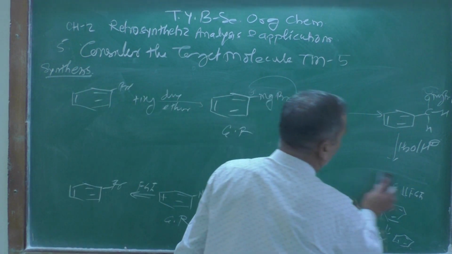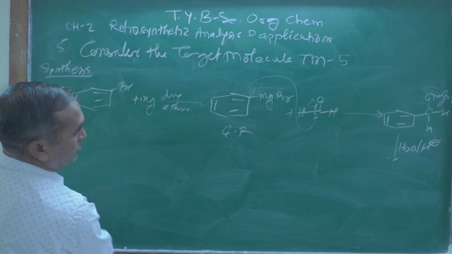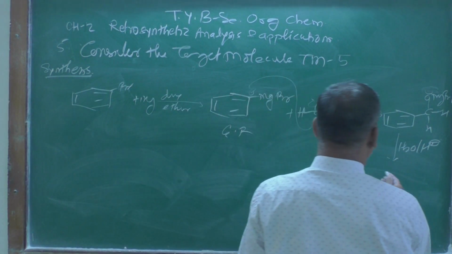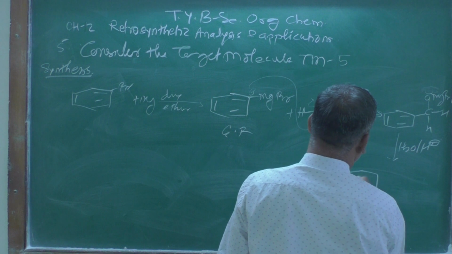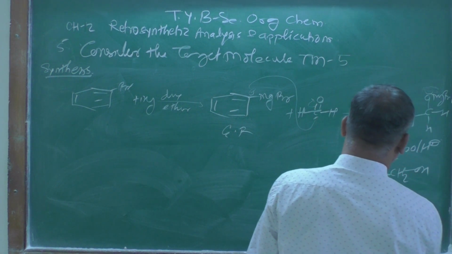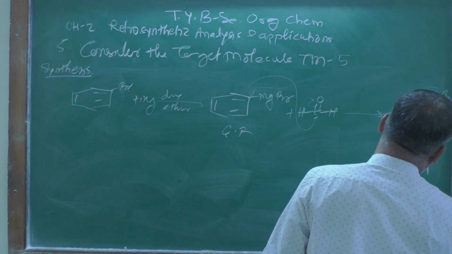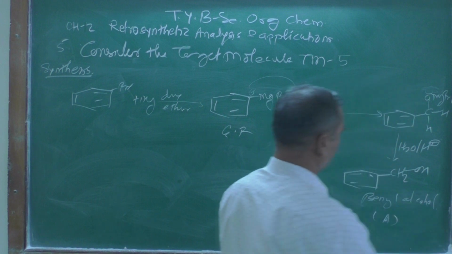What do you get? After the hydrolysis you will get this compound. This is a CH2 and OH, that is benzyl alcohol. You can call it A over here, right?